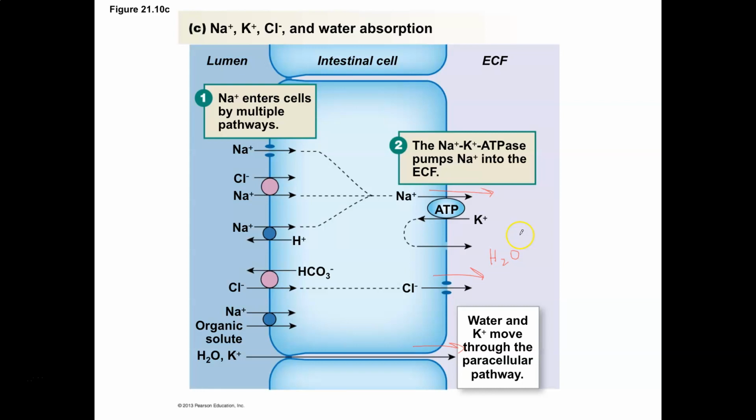There's antiports to bring sodium into the cell. There's antiports to bring chlorine into the cell. And so we have all these different transporters that allow us to move various ions across the epithelial cells or move organic molecules across the epithelial cells. And then, of course, the water can follow.